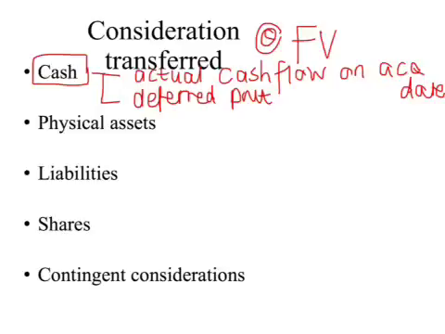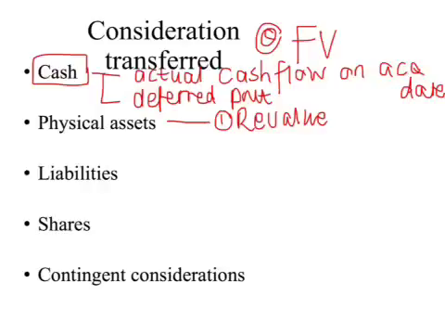Second form of consideration is non-monetary assets, or the physical assets. Basically what that entails is if you transfer physical assets to the company that's being acquired, you're in effect selling that asset to the acquiree, and you have to record that sales transaction at fair value. So the first step, if we've got physical assets, would be to revalue the asset currently in our financial records.